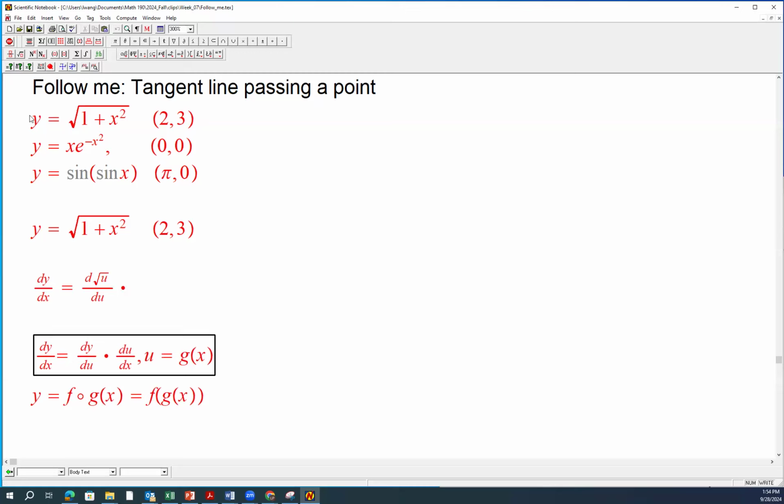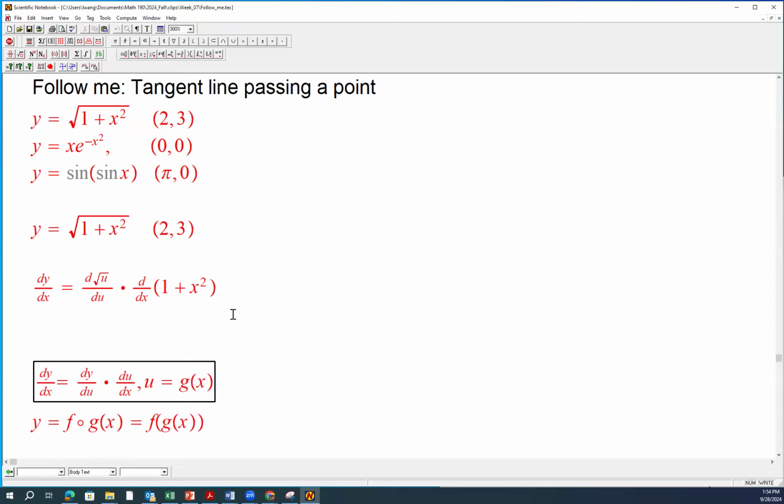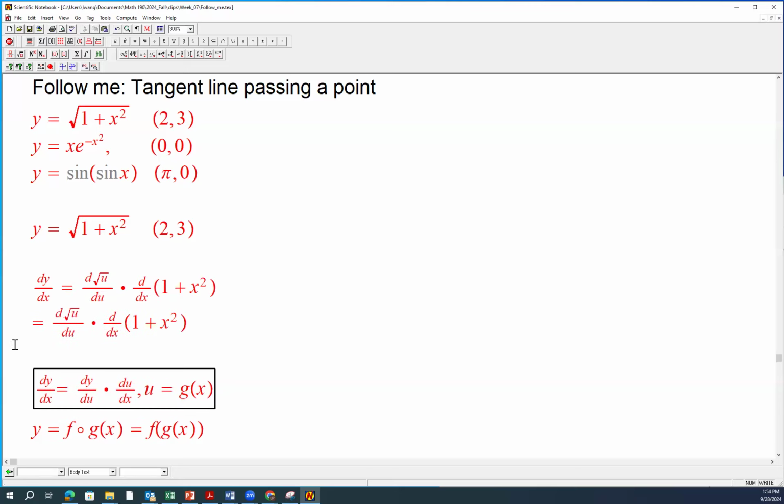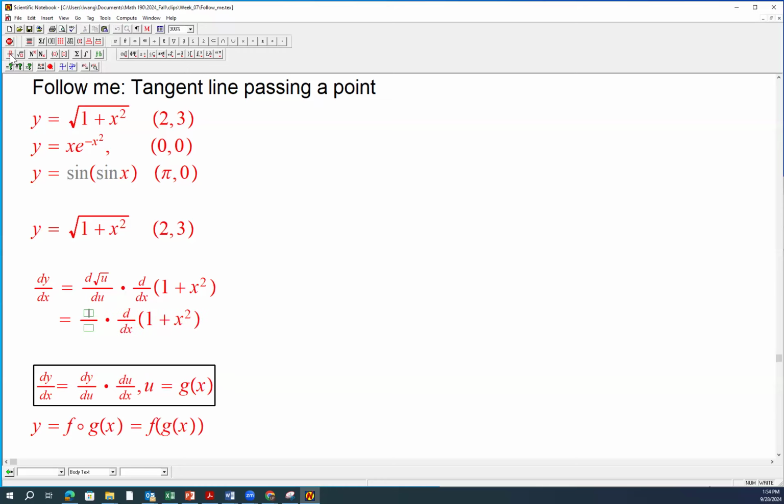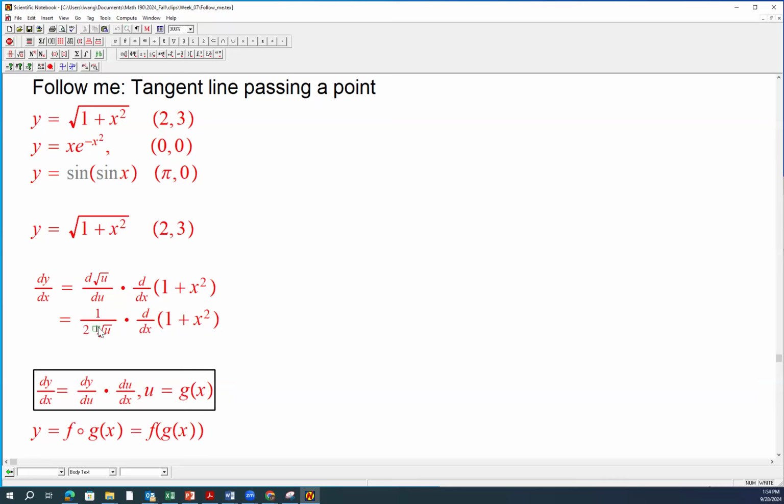Multiply by du/dx. You don't have to write that step, though it's optional. The derivative of root u with respect to u is 1 over 2 root u, and u, of course, was 1 plus x squared.